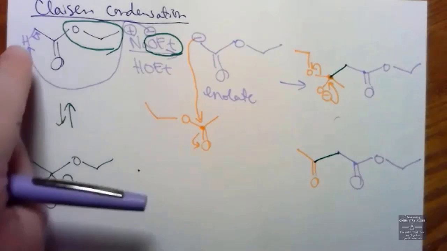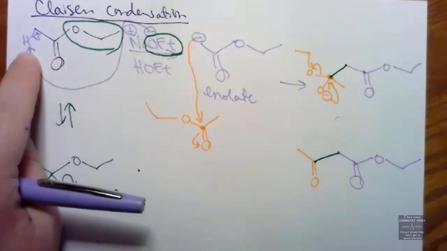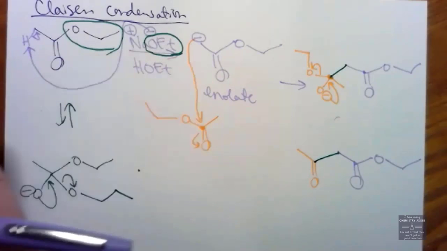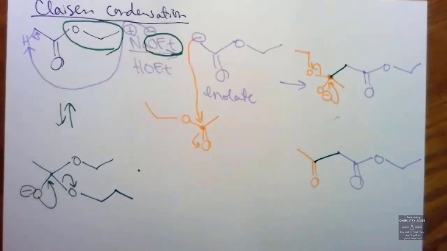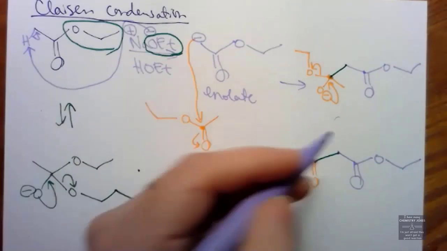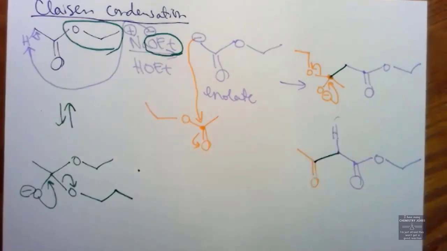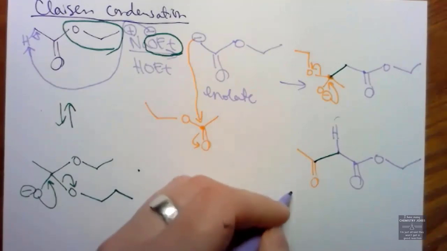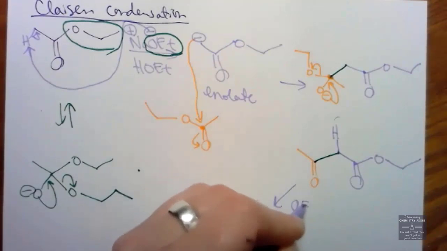Ish. Can NaOEt pluck an alpha hydrogen from an ester? Yeah. Does it favor products at equilibrium to make all enolate in solution? No. But can NaOEt pluck a hydrogen from betwixt 2 carbonyl carbons? Of course it can.